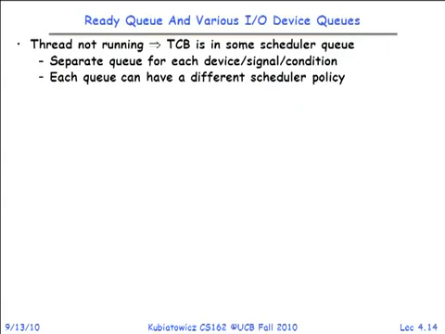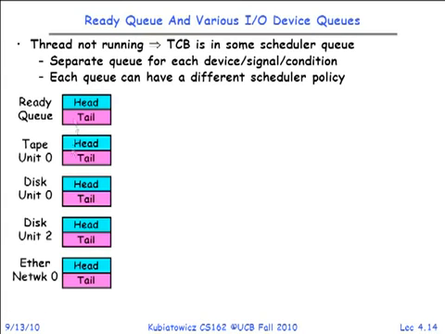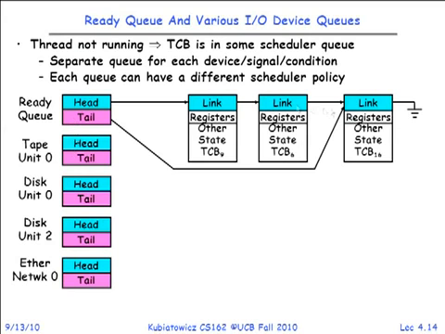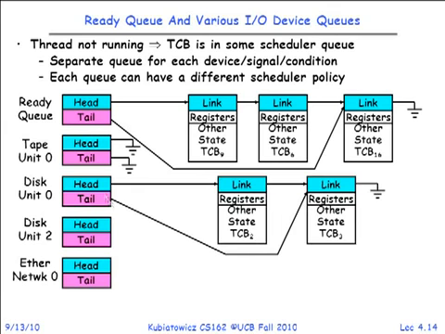We have a separate queue typically for every device, signal, condition, whatever. For instance, here's a bunch of queues. You might have the ready queue, which has a bunch of TCBs linked together, and these are the ones that are ready to execute. You might have a queue for a tape drive. I know, they existed once. Notice it's empty, by the way, because nobody's using it. There might be links for the disk drive.